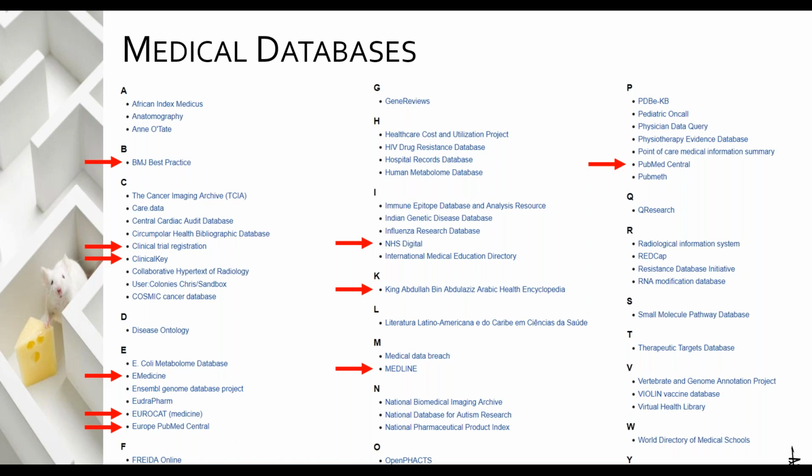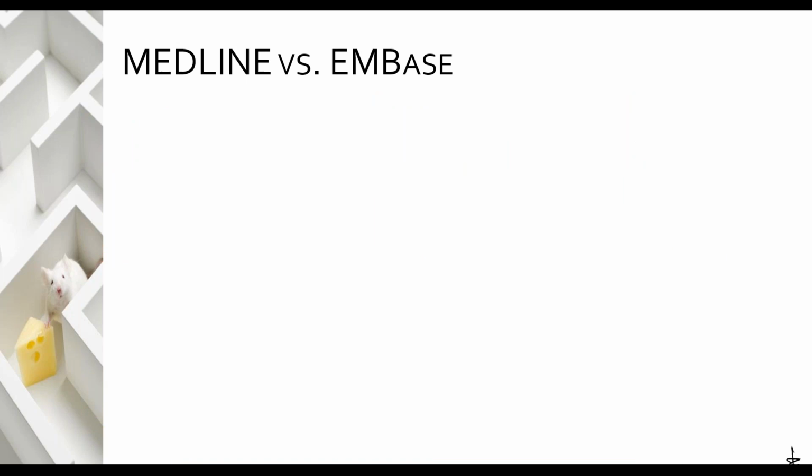That's a database just purely for influenza viruses. Another one is for HIV. So you can see there are sub-specialized databases, and there are general databases, such as Medline and Europe PubMed and Clinical Key. So these things give you general medicine.